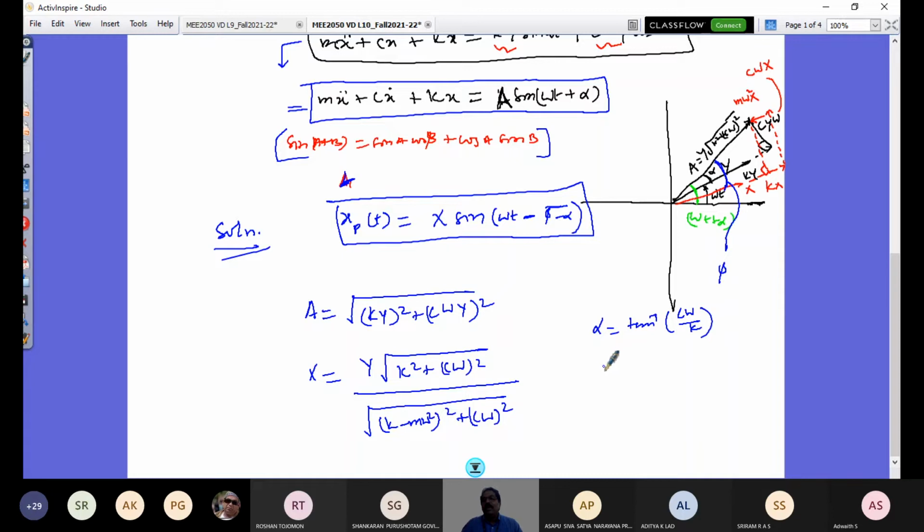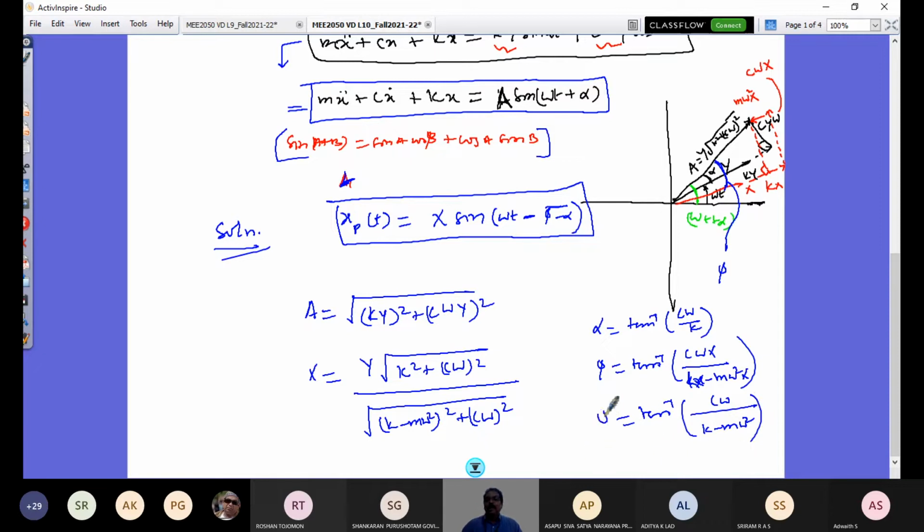What is the angle phi? It is tan inverse of the opposite side c omega x over the adjacent side kx minus m omega squared x. In this also x goes off, so I would have tan inverse of c omega by k minus m omega squared.